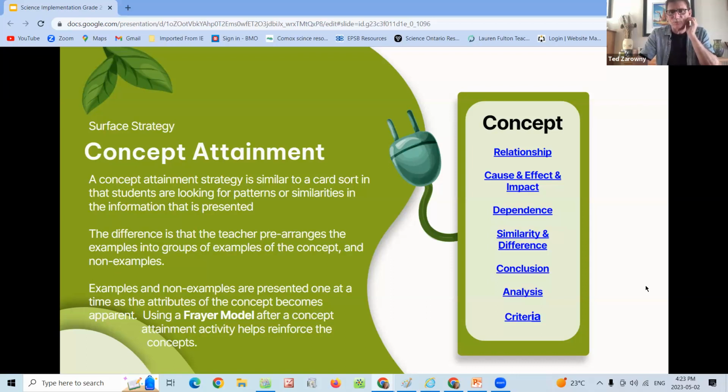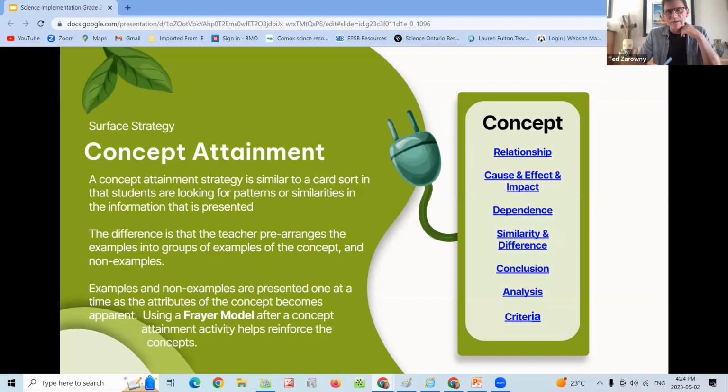For example, we draw conclusions when we do a lot of things. Even after a sort, what did you conclude? Well, we concluded that what these things have in common is that they've got all this. And those links are there for little lessons that you may or may not want to do with your students, or use them as triggers that give you a new idea of how to approach introducing at least those concepts to the students.